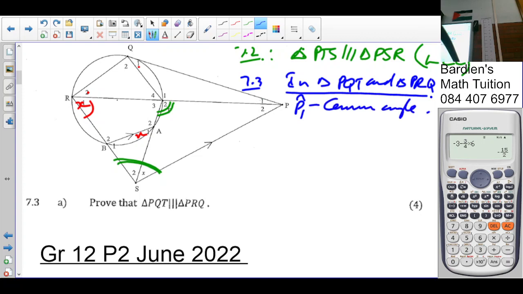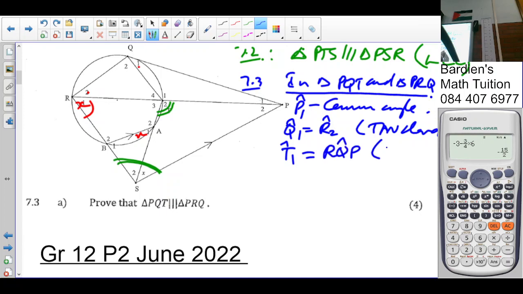Then Q1 is equal to R2. Why? Because of the tangent theorem. Then angle T1 is equal to angle RQP. Why? That's the third angle of a triangle.